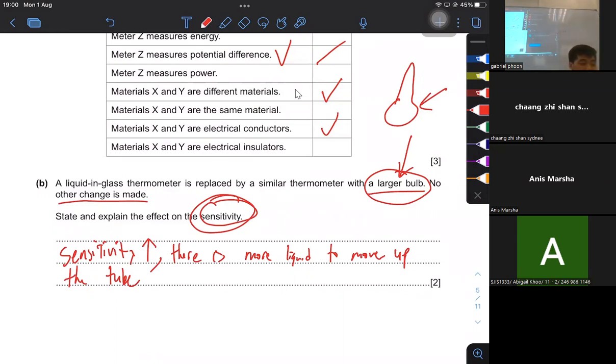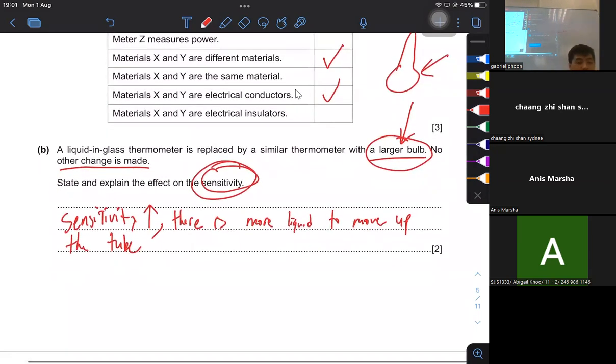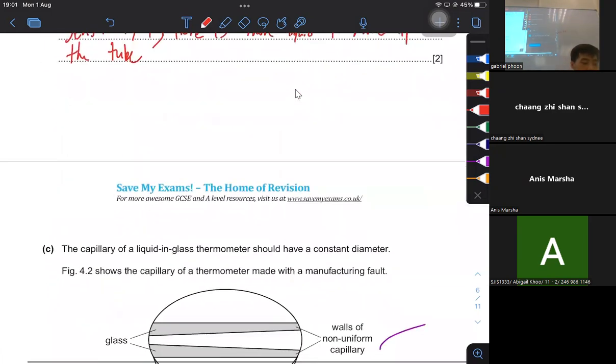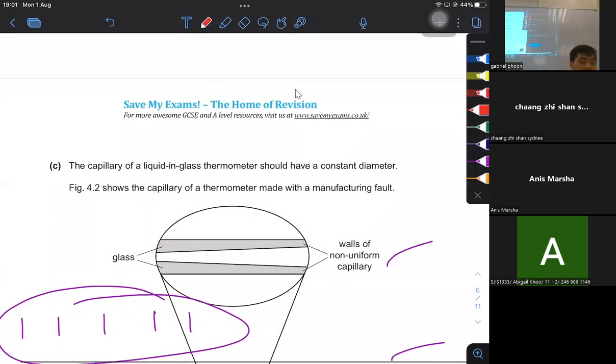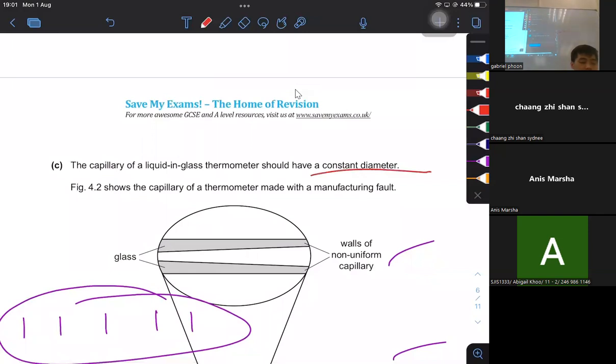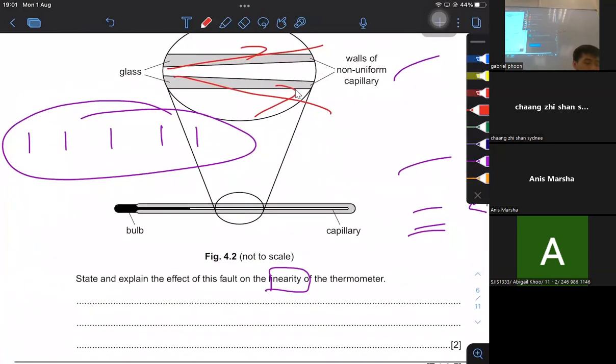Okay, then moving on to the next part here. A capillary tube in the glass thermometer should be of constant diameter. But if you look at this one here, there is a malfunction. The tube is becoming thicker, right? Then after that, state and explain the effect of this fault on the linearity of the thermometer.